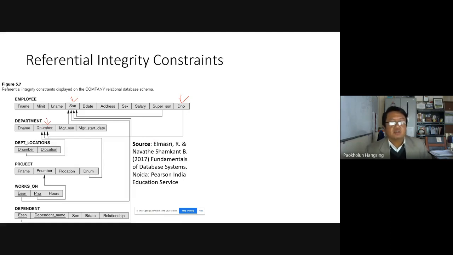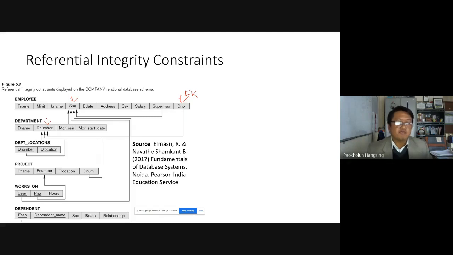So this primary key value has become the foreign key of the employee, which is referring to the department relation. So every DNO and D number will correspond. The department number, though they have different attribute names, will have the same values.